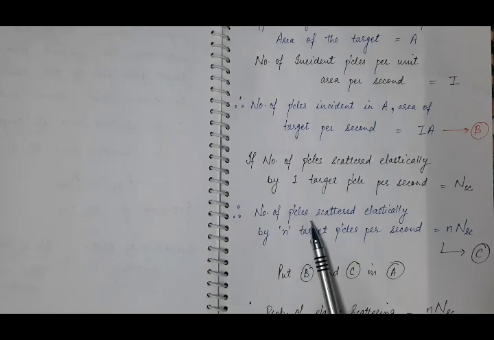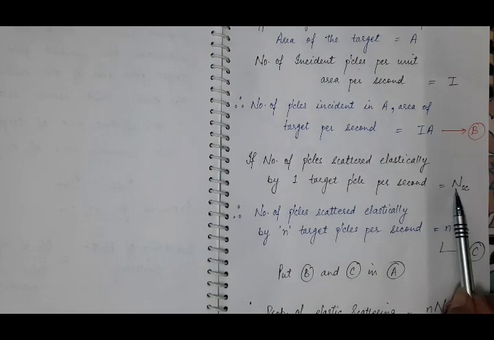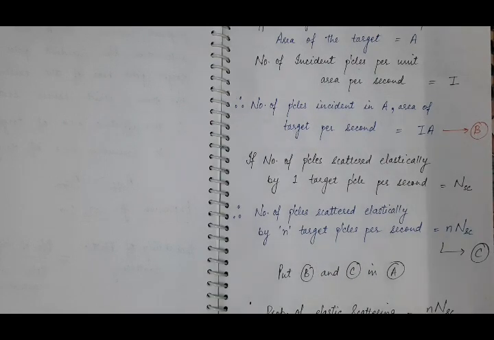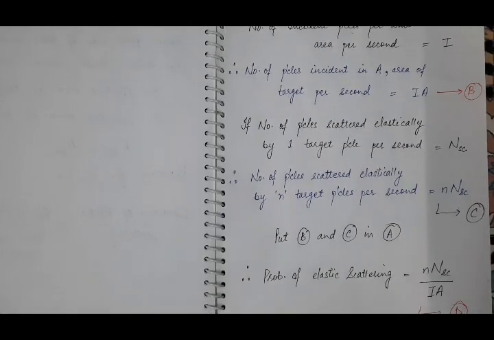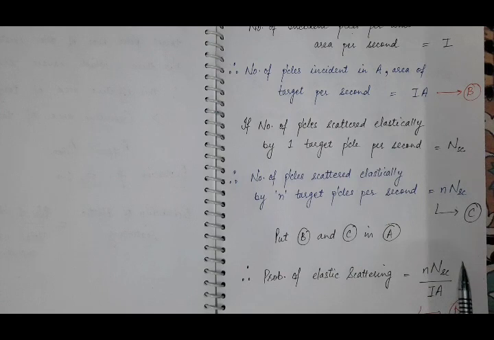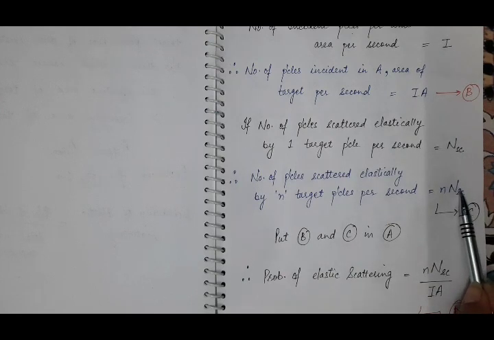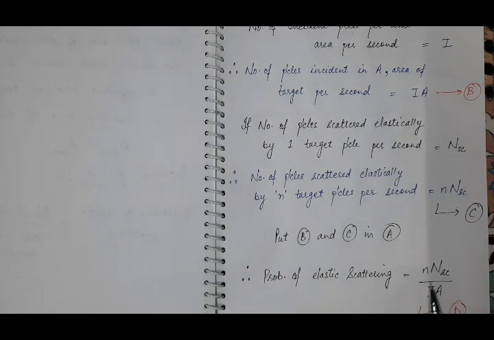So the number of particles elastically scattered by n target particles per second will be n into N. Now put both these values in the definition of probability of elastic scattering. Here the number of particles which are scattered is n into N, and the number of particles incident is I into A. Suppose this is equation D.